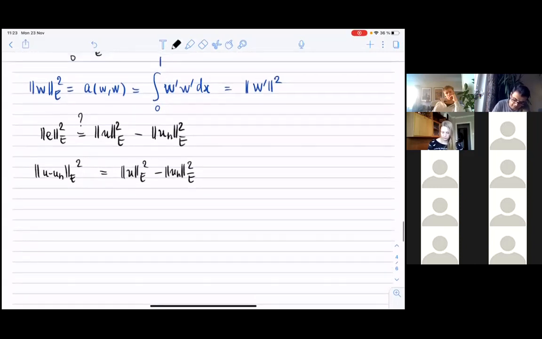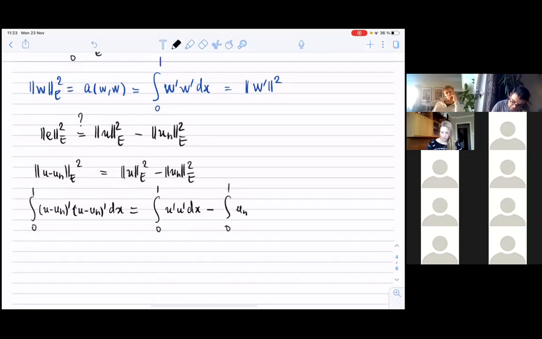Then we write the definition of the energy norm via the bilinear form as an integral: the integral from 0 to 1 of (u minus u_h) prime times (u minus u_h) prime dx equals the integral from 0 to 1 of u prime squared dx minus the integral from 0 to 1 of u_h prime squared dx.